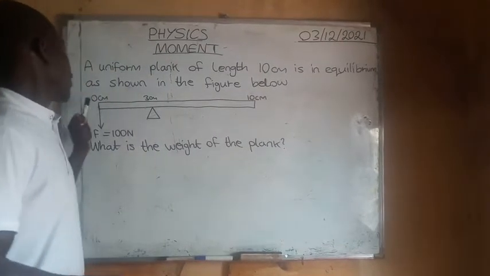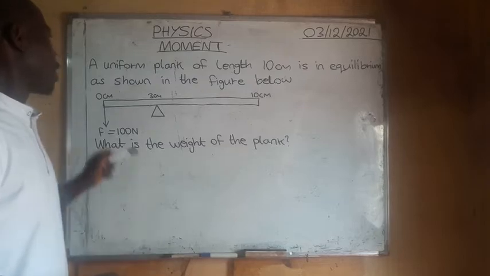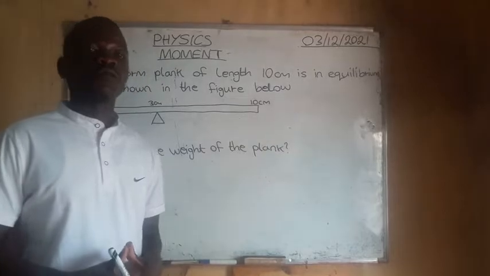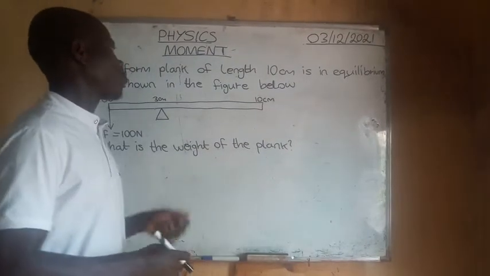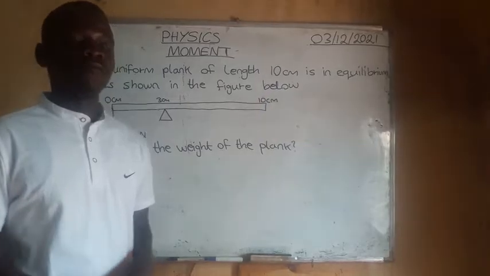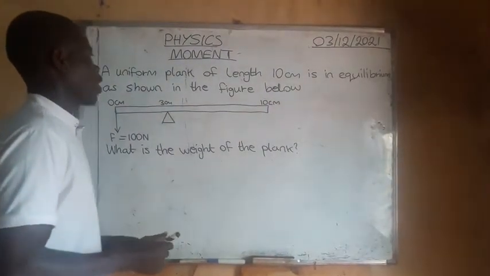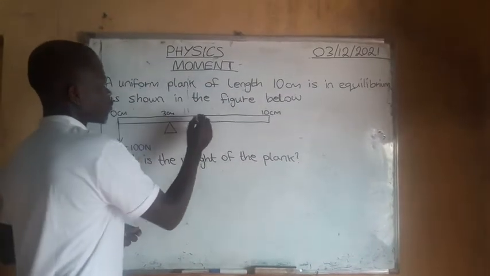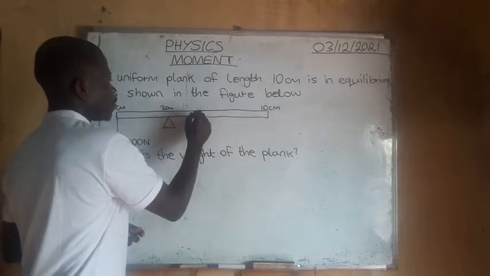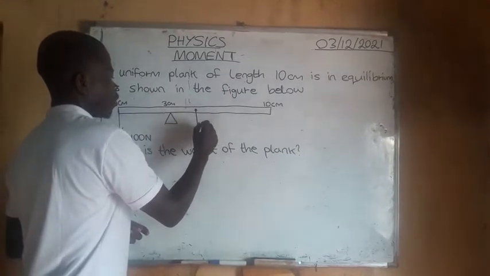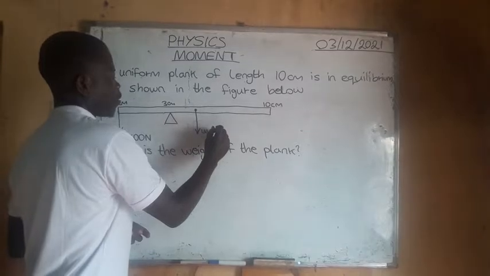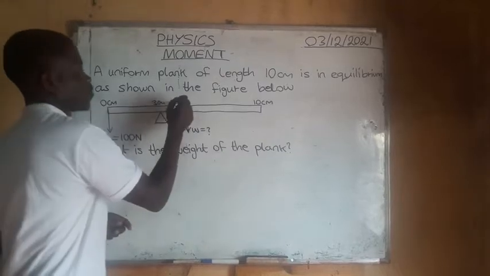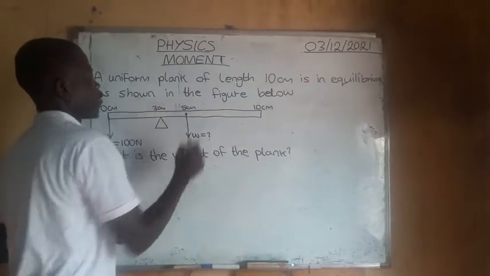In this uniform plank, which has a length of 10 centimeters, the center of gravity is at 5, and that's the point where the weight of the uniform plank is acting. This point is going to be 5 centimeters.